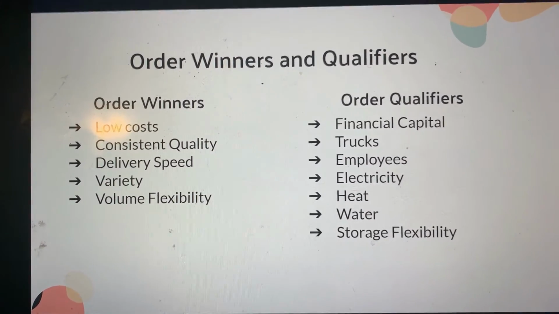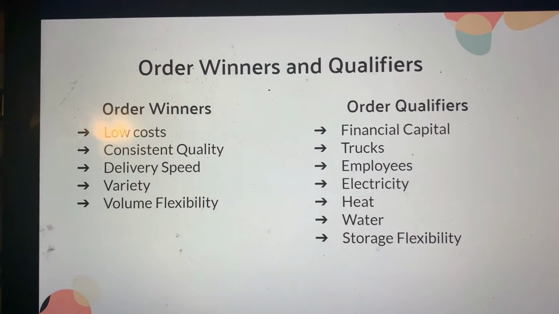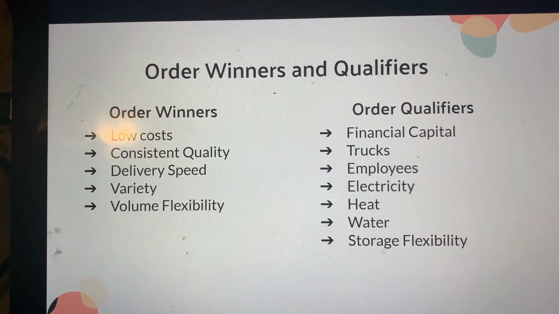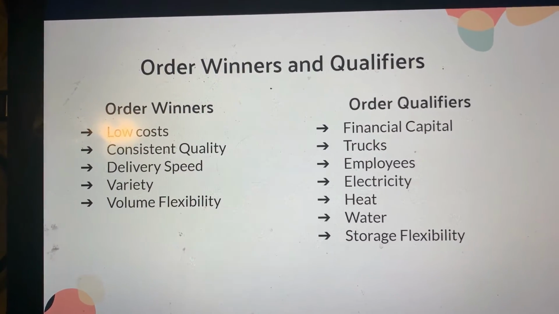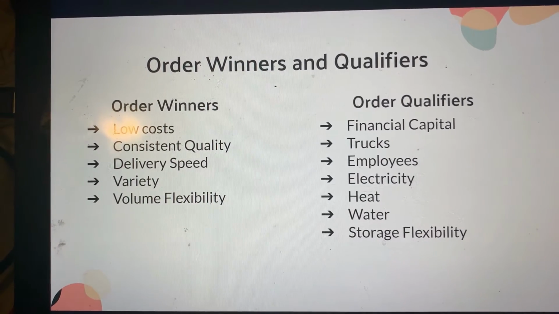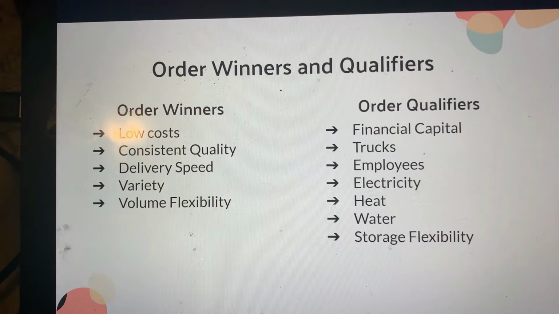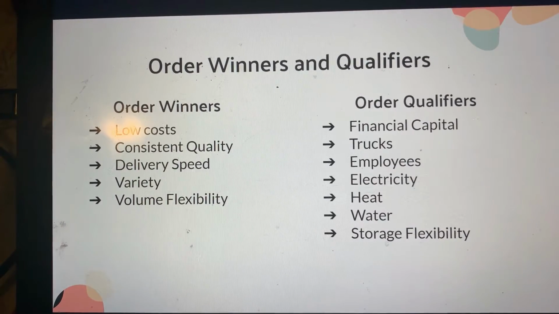In order to be successful, Office Warehouse needs financial capital to purchase items such as machinery and other products, and they also need trucks to deliver their products on time and employees to put in those orders. They need storage to keep the office supplies, and they need electricity, heat, and water as they're fundamental in any workplace.